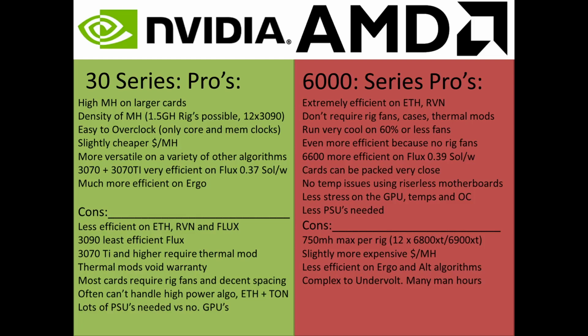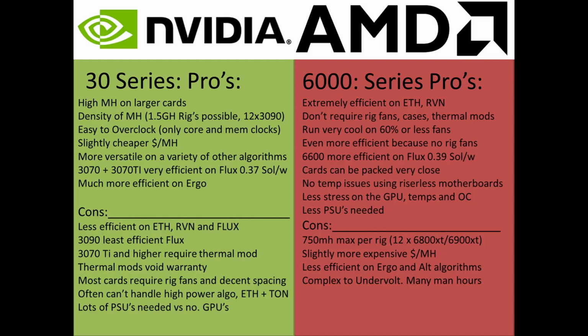If you start going to the more spaced out ones, then they are more expensive, and also if you have to use risers in order to separate them out, you're using more space, and you're paying for risers, and then you're also decreasing your efficiency a little bit because risers increase your power draw.